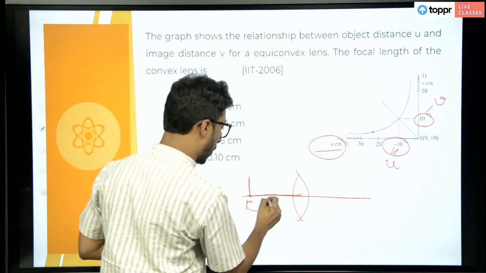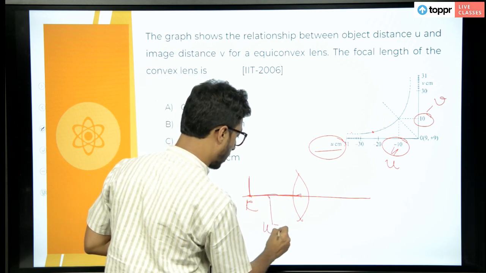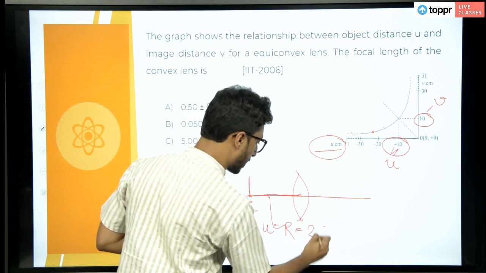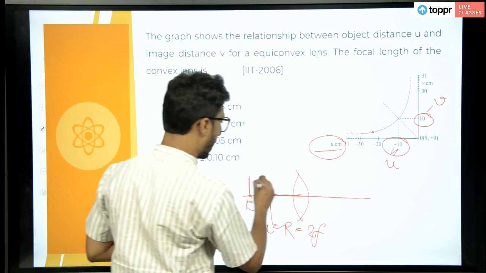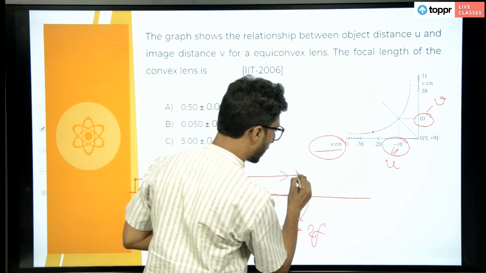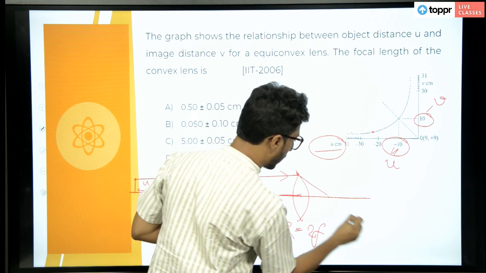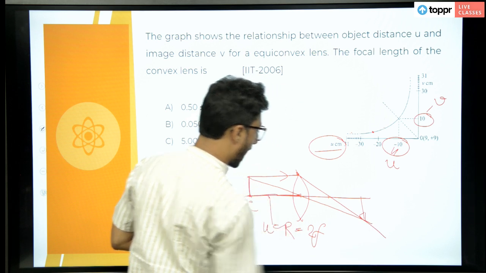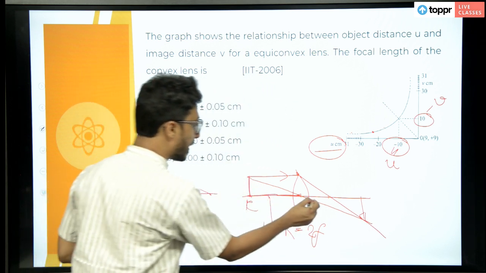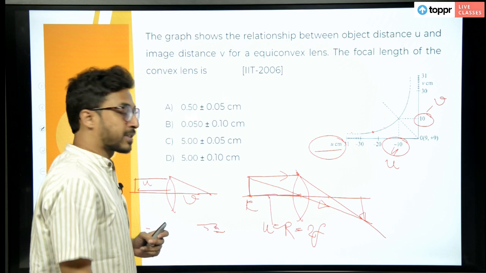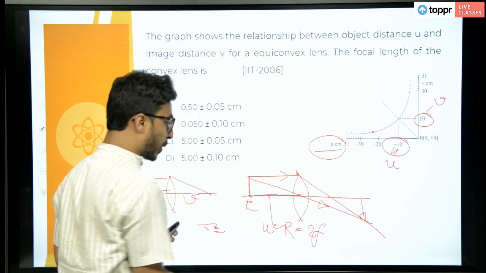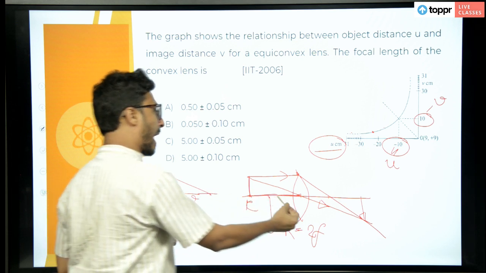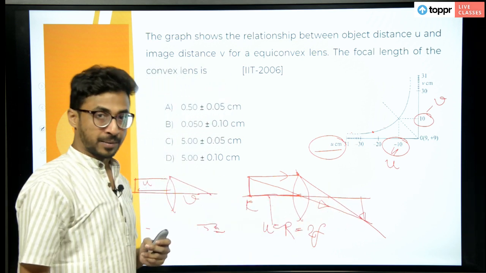When this object distance is at r, as r is the radius of curvature, which is twice the focal length, then the image is formed just at the same distance. So we can say the object distance is minus r, and the image distance is r, right?